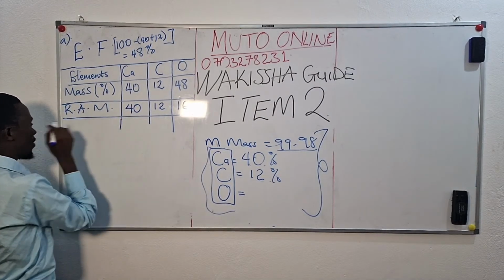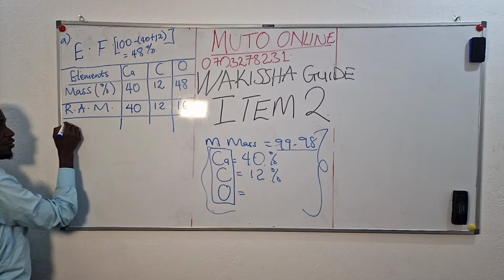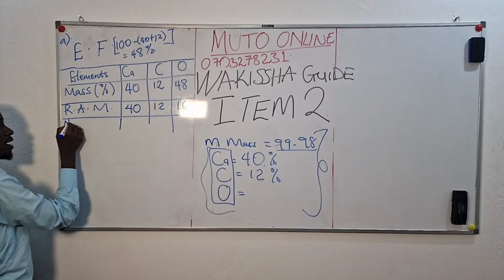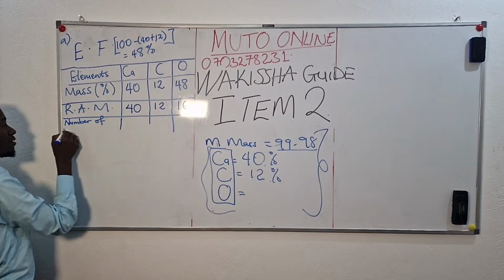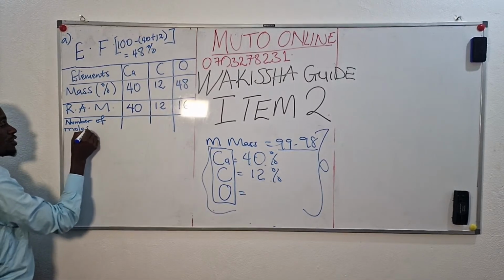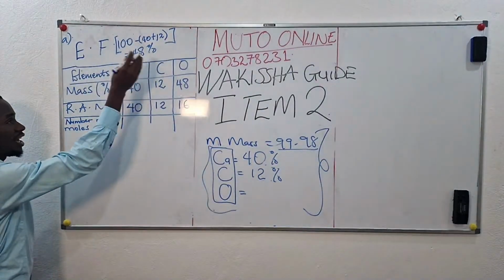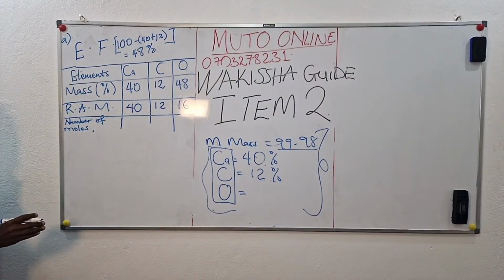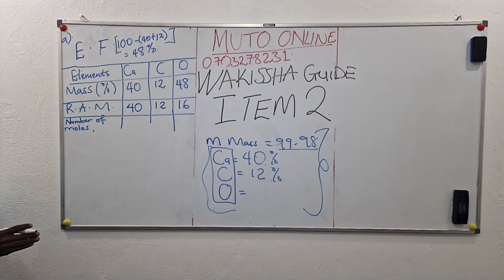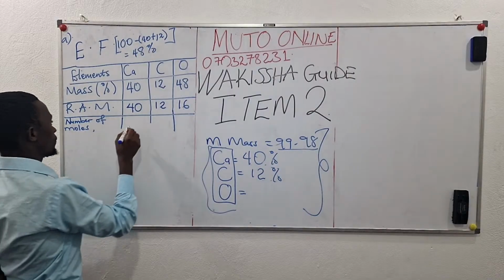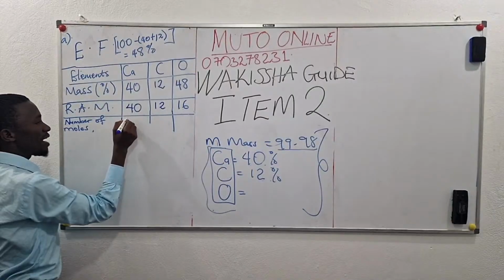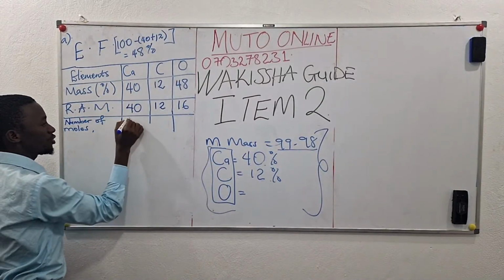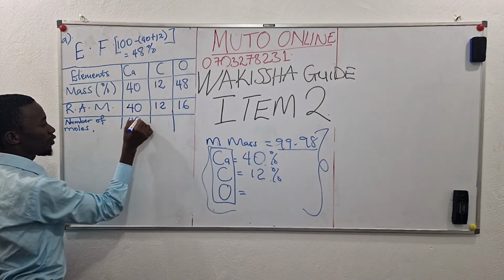The next step for calculating the empirical formula, we always get the number of moles for each of these elements. To get the number of moles, we get the mass that was given in the question, that is 40, for example, for calcium.